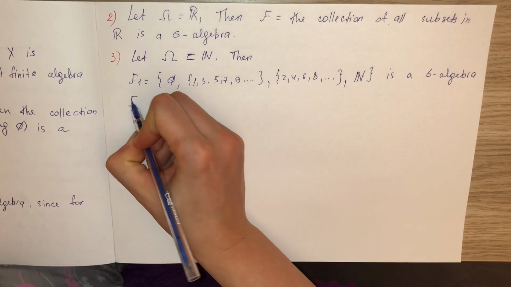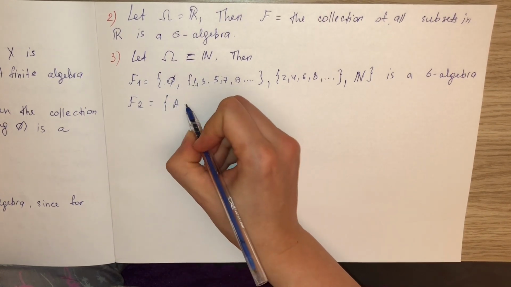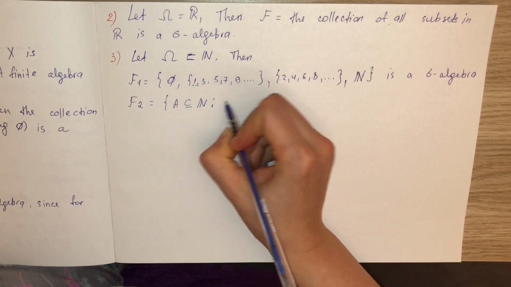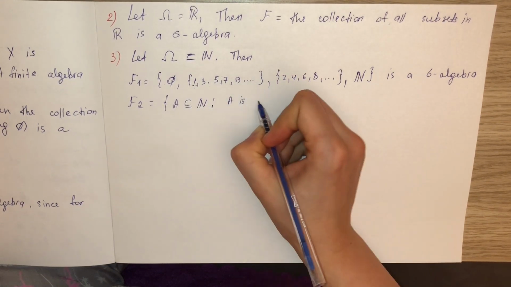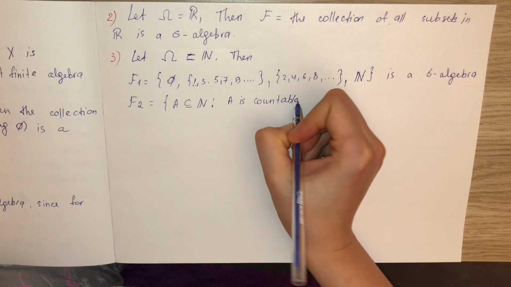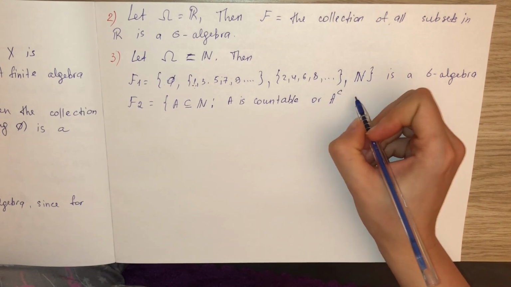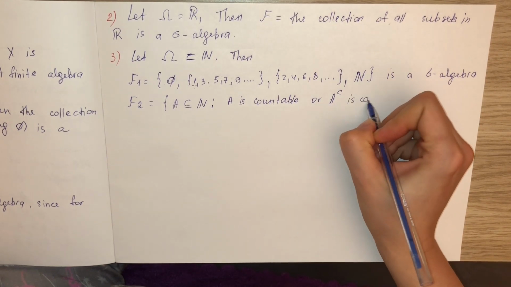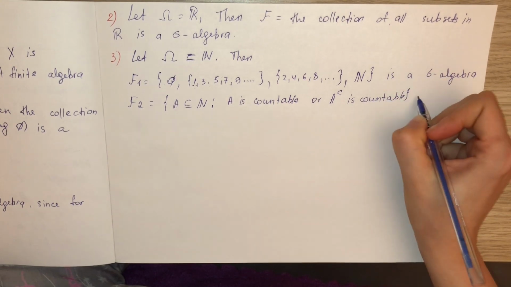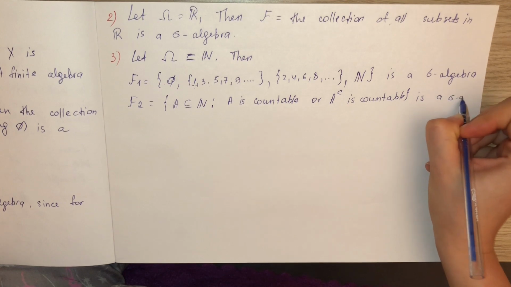And F2, let it be the set of A from N such that A is countable or its complement is countable. Then F2 is a sigma algebra.